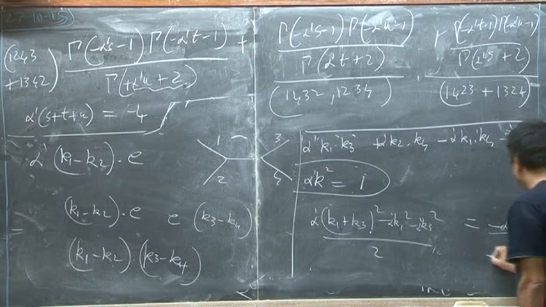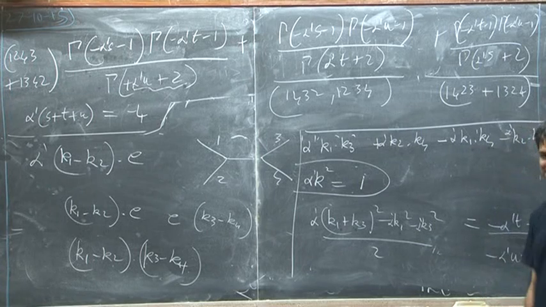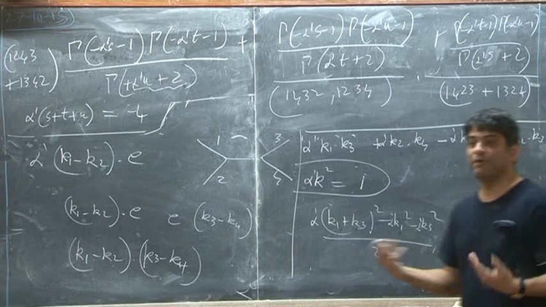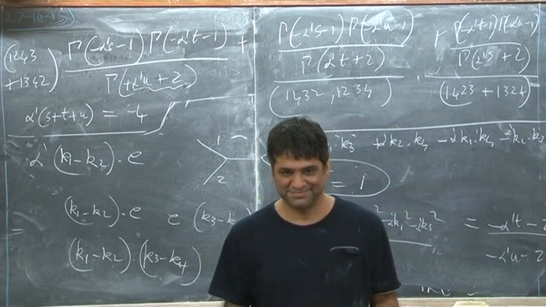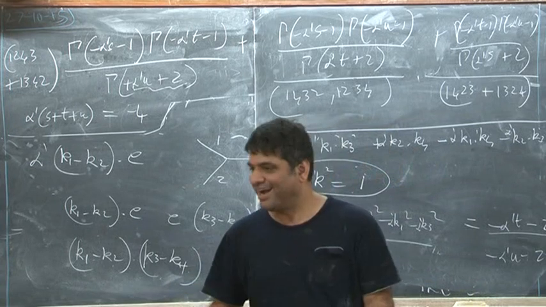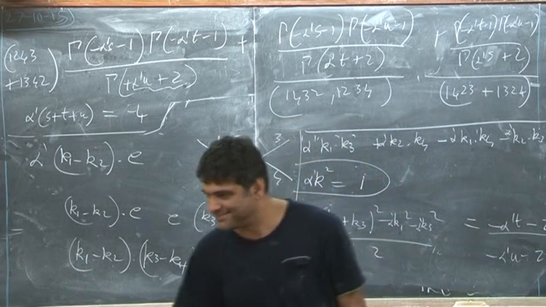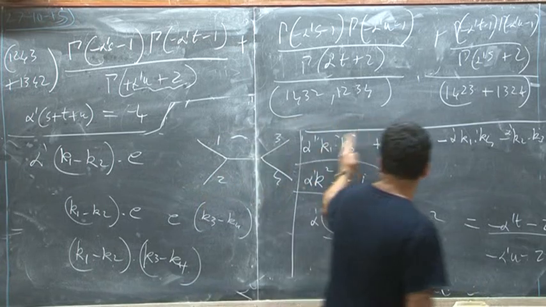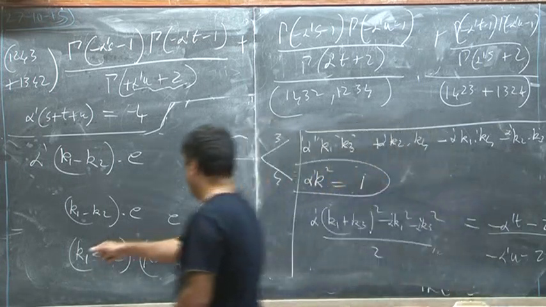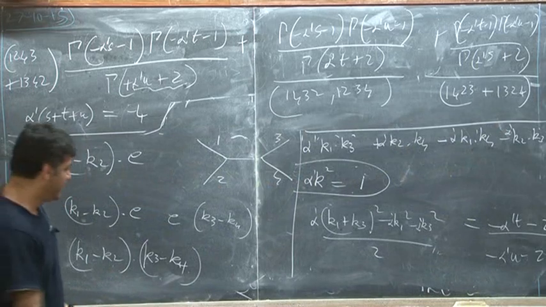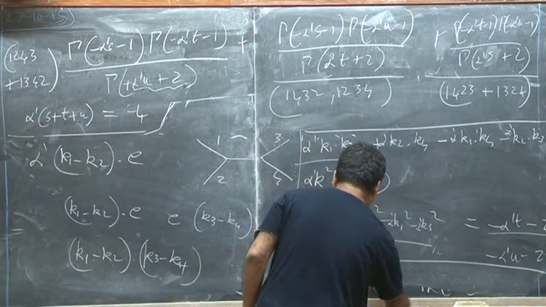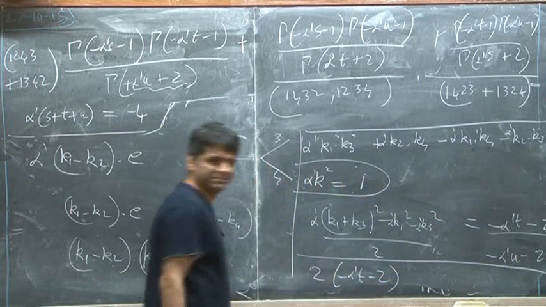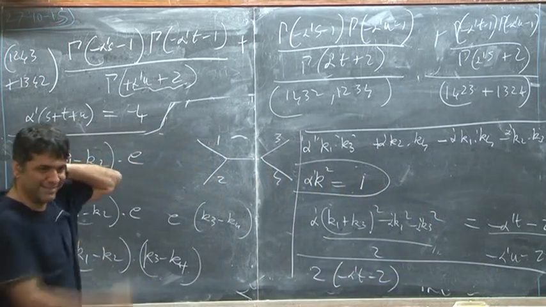We will get minus alpha prime u minus 2, but with a minus sign? And remember, we've already seen that minus alpha prime 2 minus u is minus of minus alpha prime t minus u. So all of these factors combine to give us a factor of 2 times minus alpha prime t minus 2. The minus sign has been accounted for.